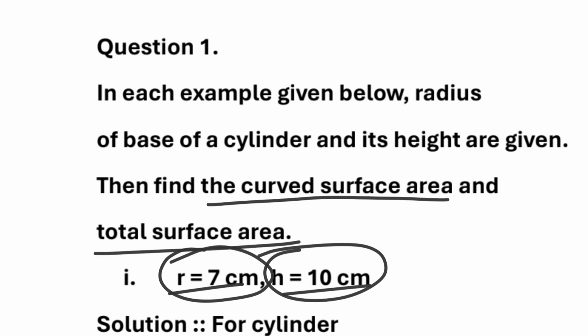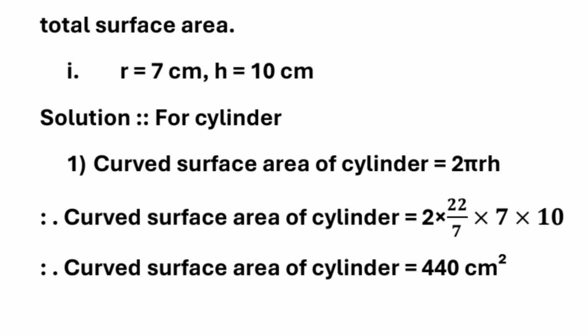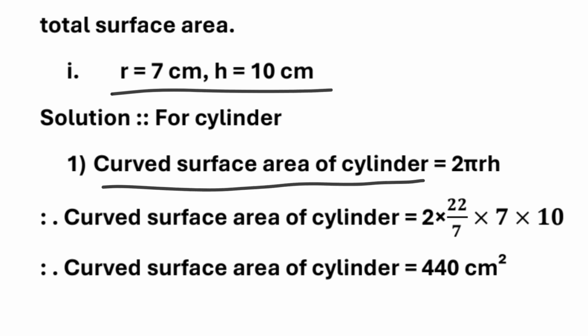Did you get this? In this, we take the first example and find out the curved surface area of cylinder, which is equal to 2 pi RH.